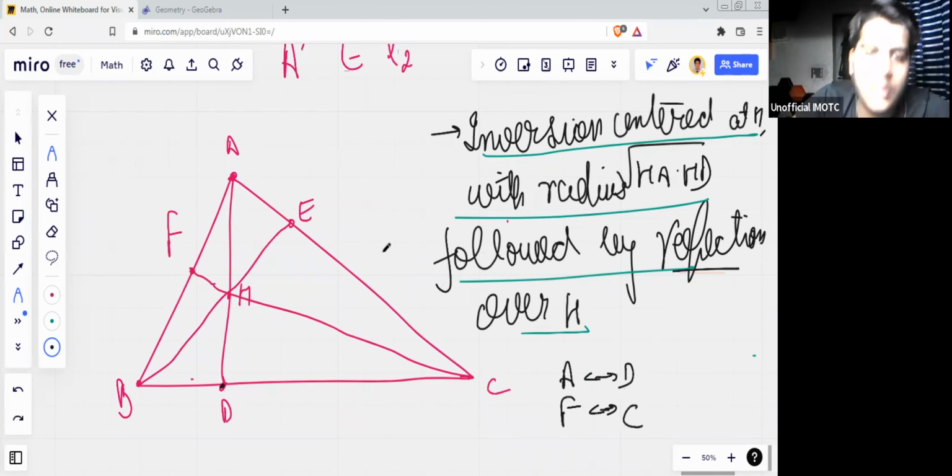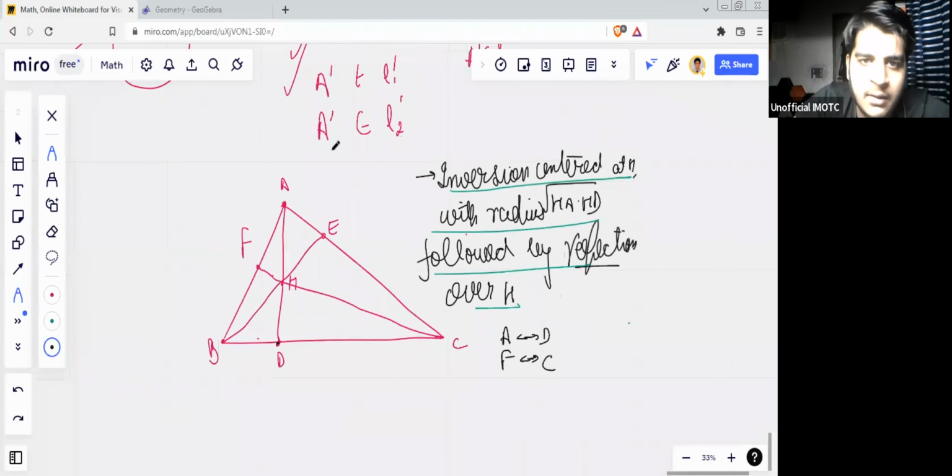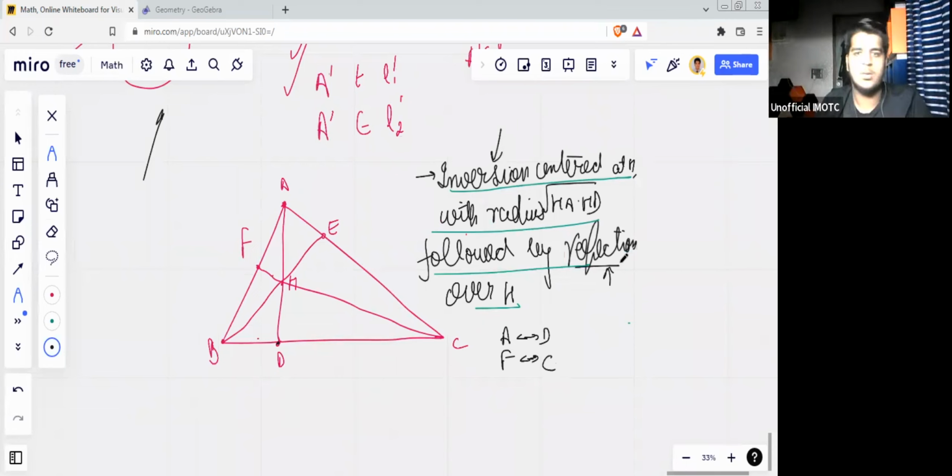Also notice that whatever preservation things we did, like someone asked before the class, right? First, notice that everything is preserved in inversion, like cyclicities and intersections, and they're preserved in reflection also. So they'll be preserved in their composition also. So let's say omega is a circle.